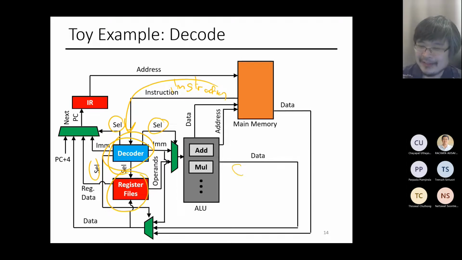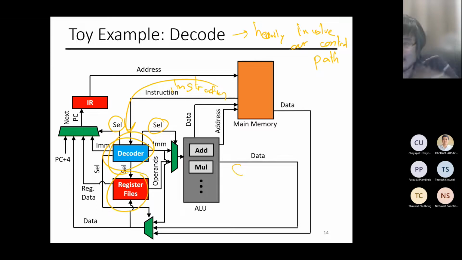It's heavily involved with the control part, or the control logic, because now you know what the instruction is. You send out signals saying this component do this, that component do that, to make sure I can execute the instruction.